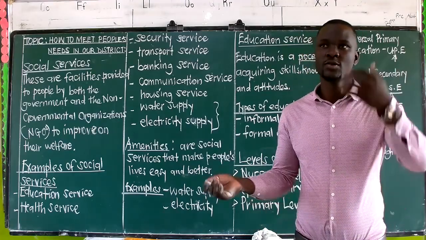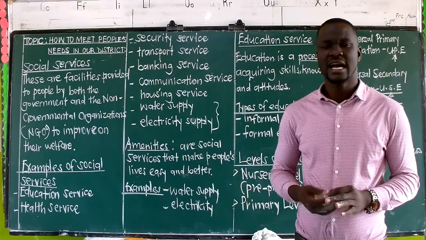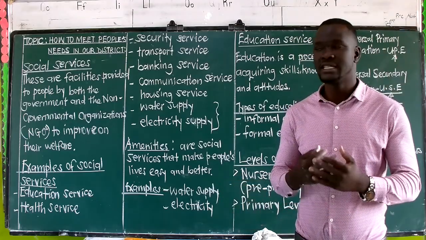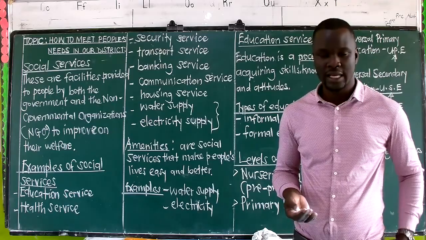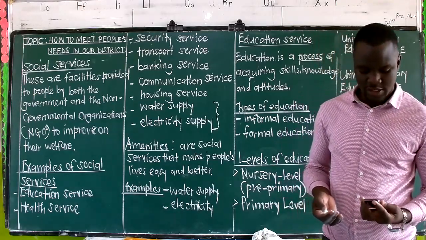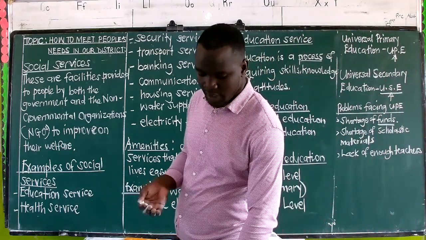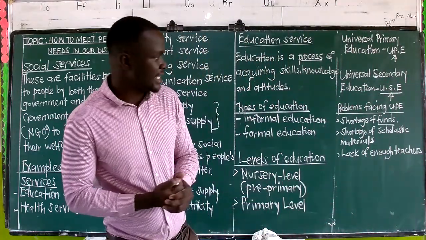You find the whole school has around 5 teachers, maybe 6 teachers. So the workload is too much, therefore the teachers cannot do their work well. And of course, it makes the education system not okay. So that is what we mean by that.